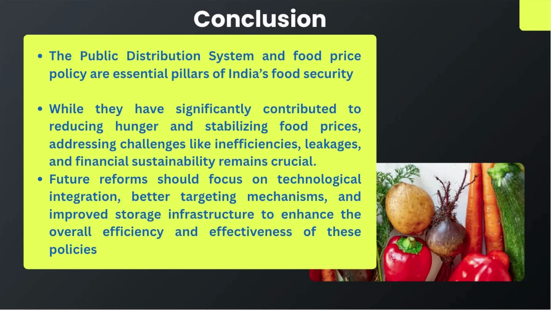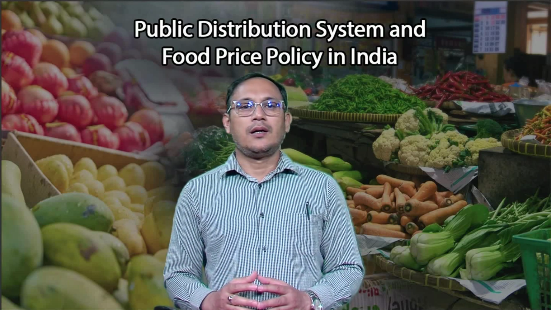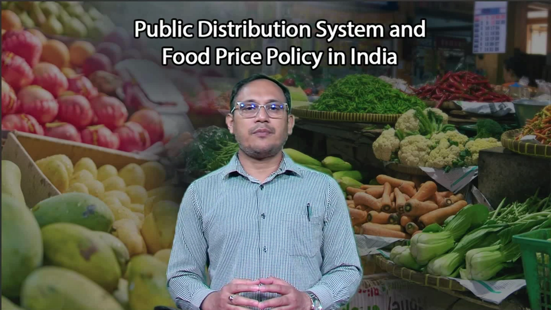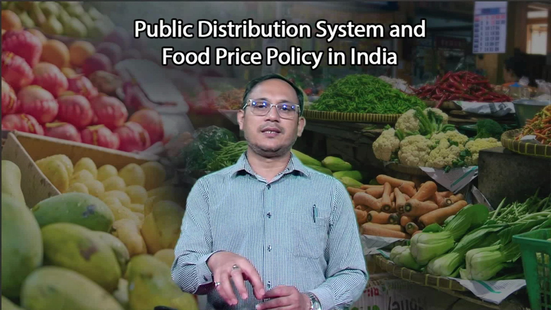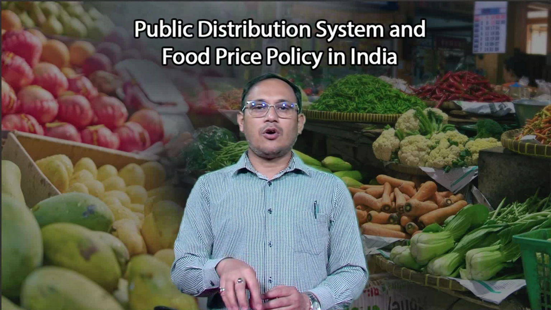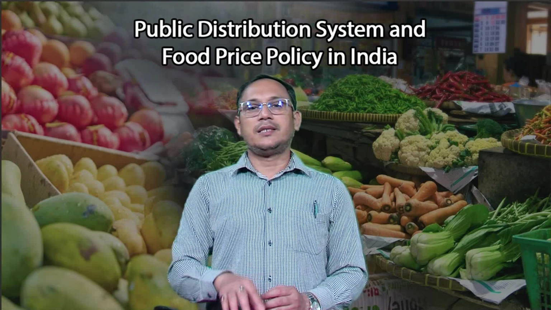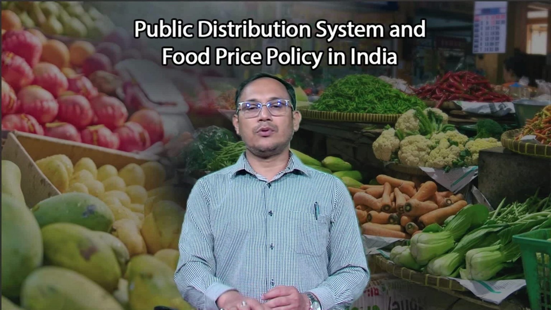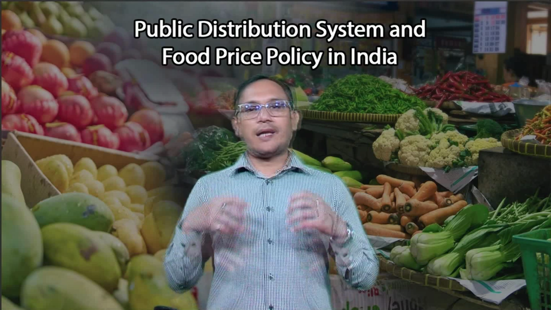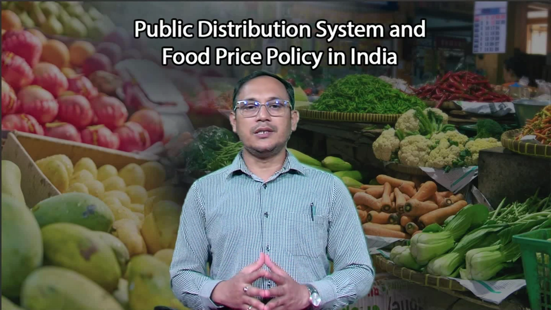So, in conclusion, although challenges are there and will be there, the public distribution system and food price policy are a very integral part of both the central and the state government in India, and the Government of India and the Government of Assam have to make significant policy changes in terms of proper food price policy to ensure that essential commodities are delivered to the needy people.